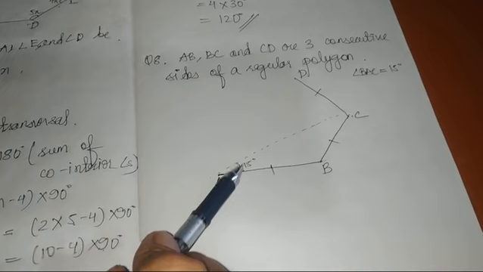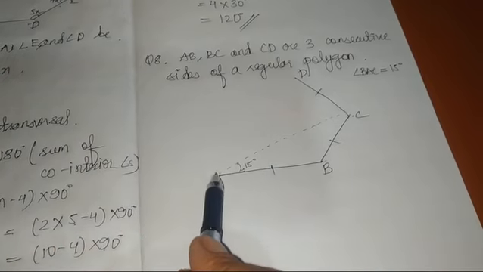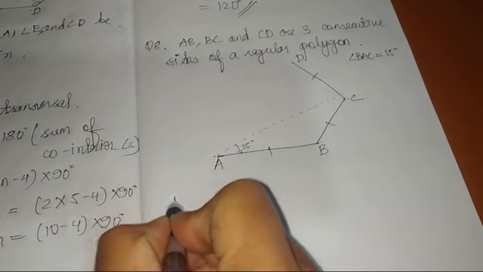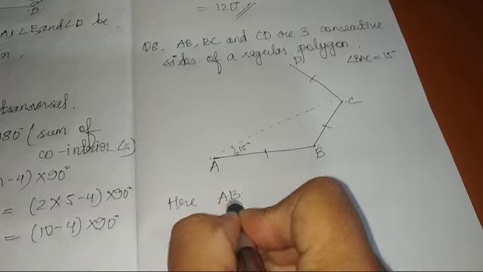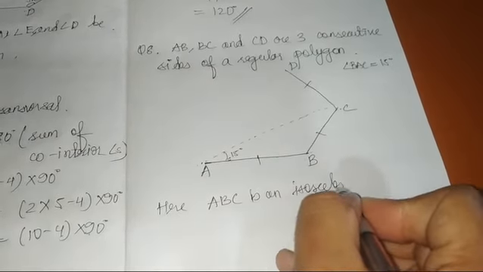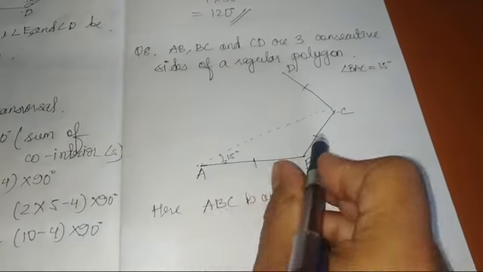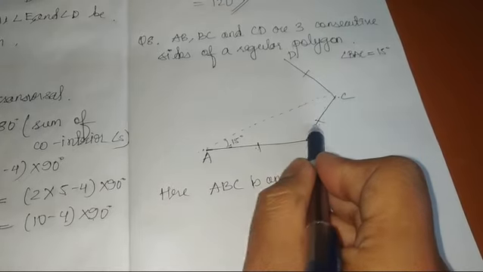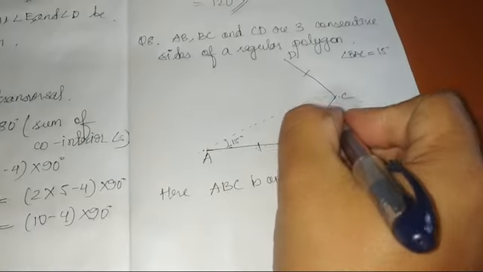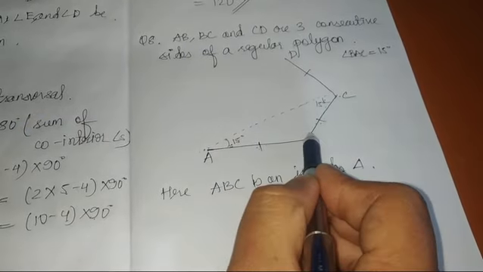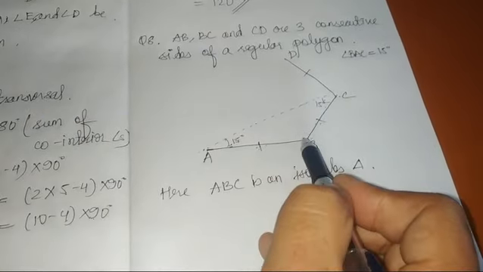This is 15 degrees. Remember that ABC is a triangle here. Write down: ABC is an isosceles triangle because this and this are equal, and we know that in an isosceles triangle, if these two sides are equal then the opposite angles are also equal. So this is 15, so this angle must be 15, and this angle plus this angle plus this angle, the sum has to be 180 degrees.